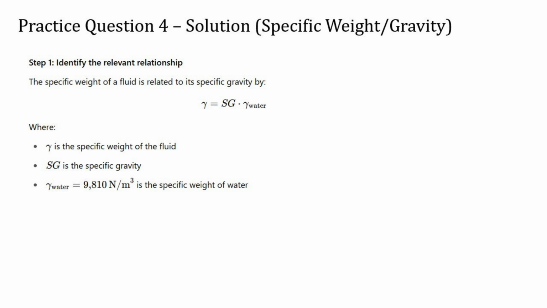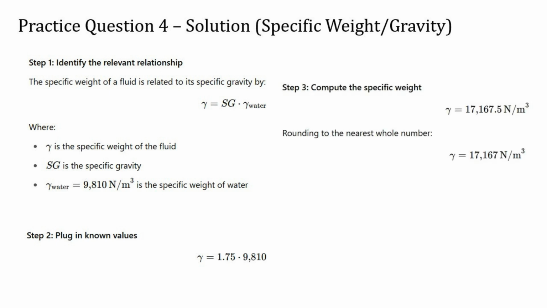This relationship comes directly from the definition of specific gravity. Next, we substitute the known values. The specific gravity is 1.75, and the specific weight of water is 9,810 newtons per cubic meter. Multiplying these two together gives 17,167 newtons per cubic meter when rounded to the nearest answer option. This matches answer choice D.